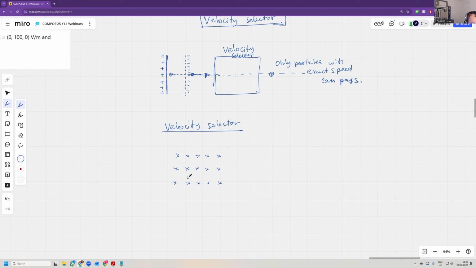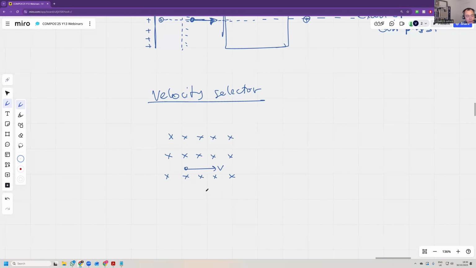If a particle is traveling to the right with velocity v, it causes a magnetic force upwards. I hope you understand that. Does everyone understand? If the particle is moving through a magnetic field and has a charge q, it will be deflected upwards.